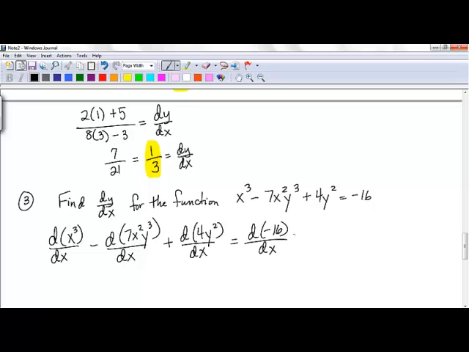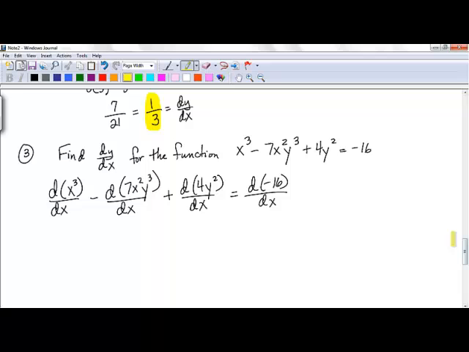Okay, take the derivative of this: take this exponent times the number in front, so it'd be 3x, and depress that exponent by 1, 3x squared. There's no y term, so that's it.